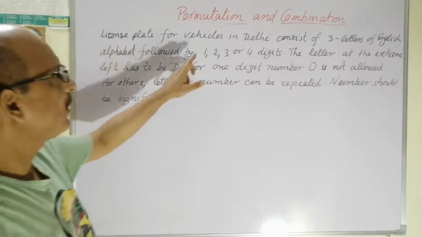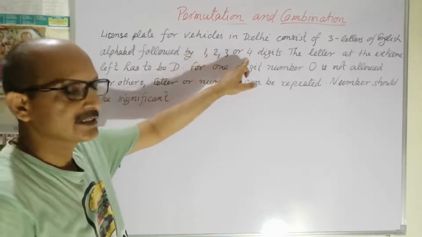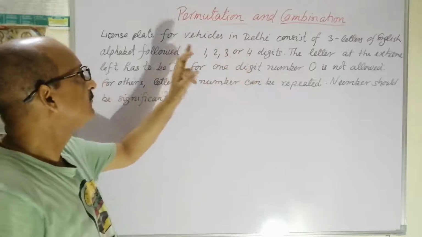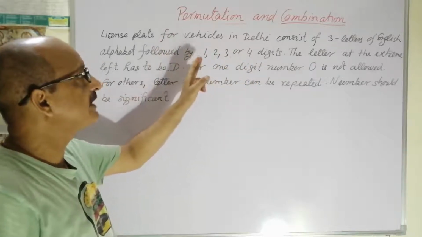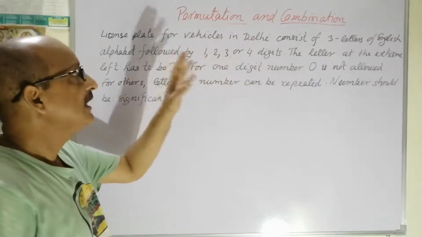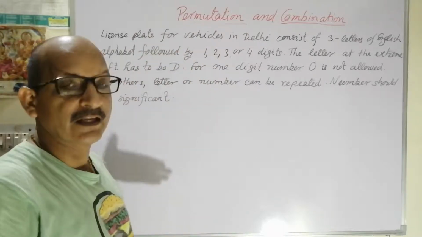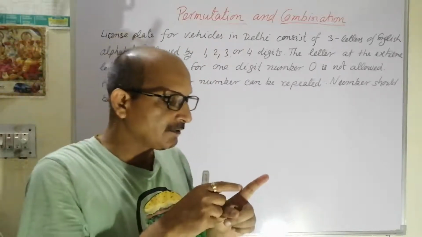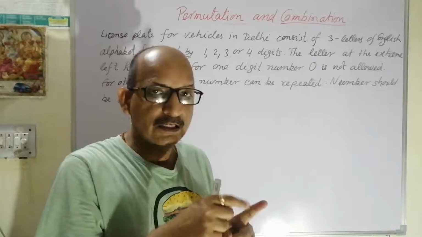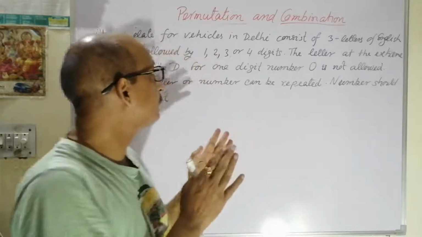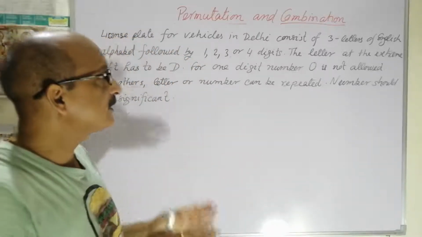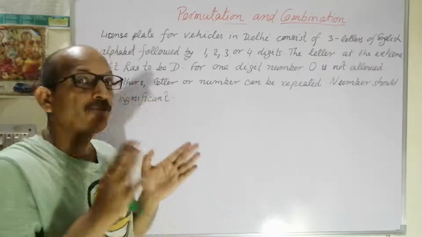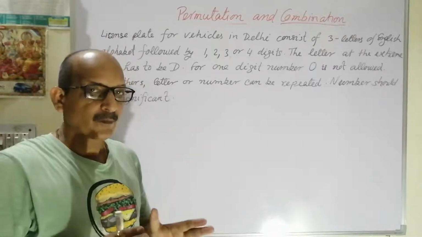Followed by 1, 2, 3 or 4 digits. It is not written here followed by digits 1, 2, 3, 4. If digits 1, 2, 3, 4 were there, then we would have to use only 1 or 2 or 3 or 4. Here a 1 digit or 2 digit or 3 digit or 4 digit number can be there.